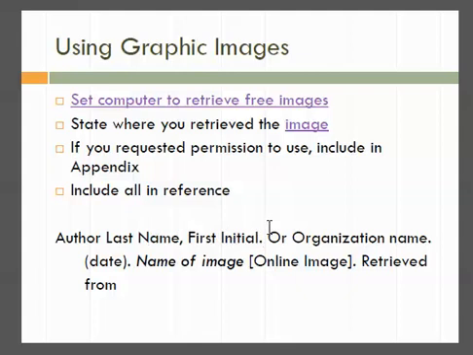Or if there is no author, then you use the organization name, with an uppercase N. And then you put the date, and then you put the name of the image. There's no punctuation here, and you do this, and then you retrieve from and the website.